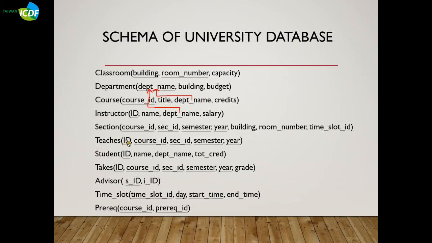We can find ID is the primary key of instructor, so it is a foreign key, which references the primary key of instructor. Of course, the course ID is the primary key of the course table, so it's another foreign key for the teaches table.